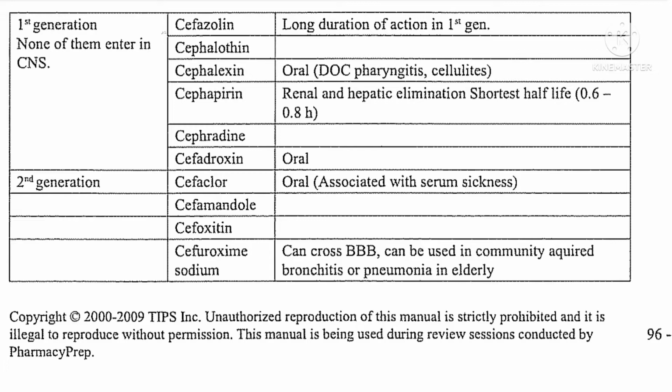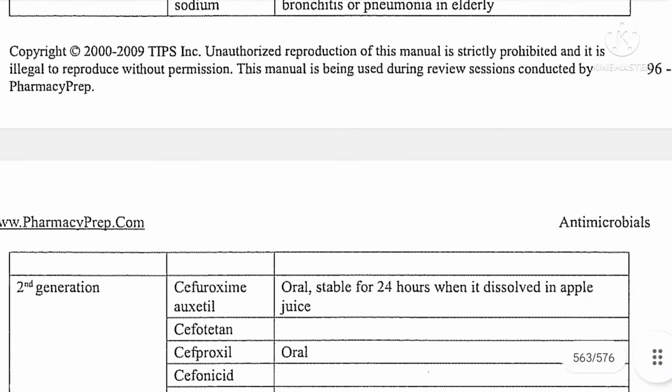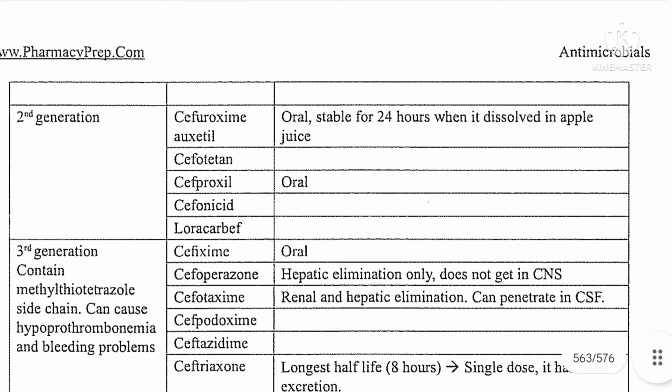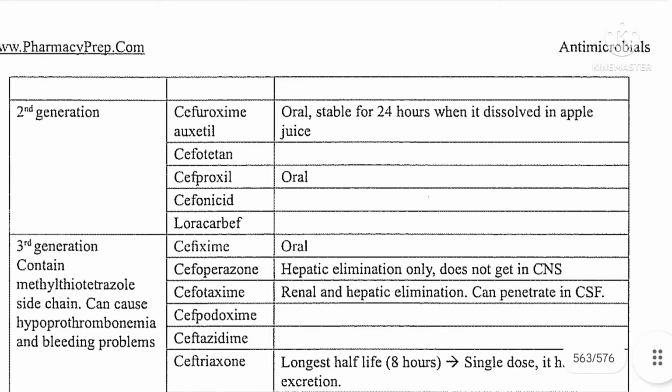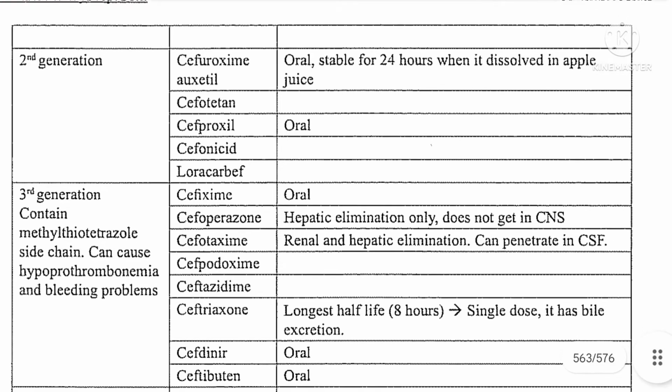Now the second generation cephalosporins, and as you can see the drugs mentioned. A very important point: cefuroxime sodium can cross the blood-brain barrier and can be used in community acquired bronchitis or pneumonia in the elderly. Continuing with the second generation, cefuroxime axetil oral is stable for 24 hours when dissolved in apple juice, and cefprozil can be given by the oral route.